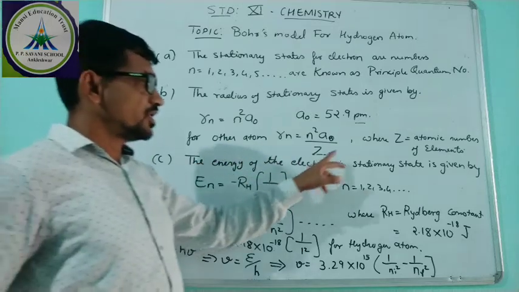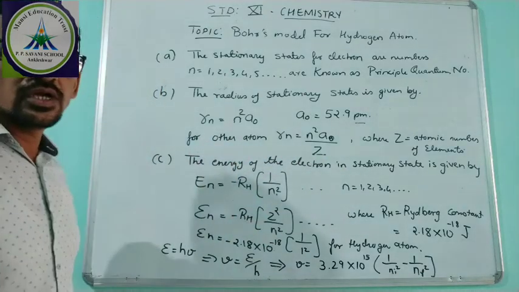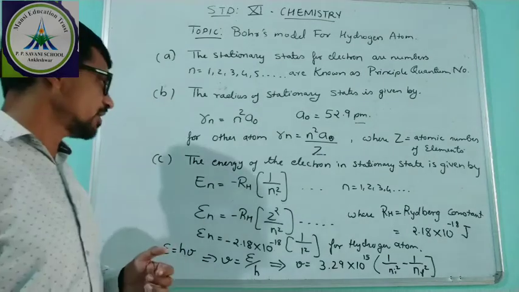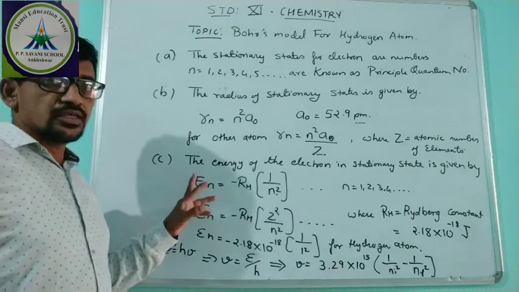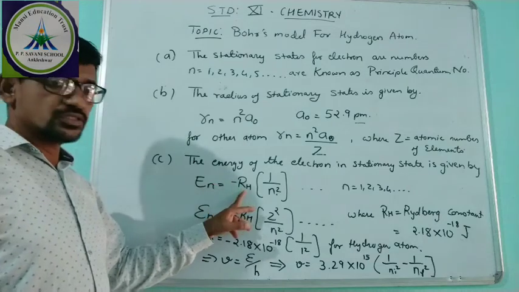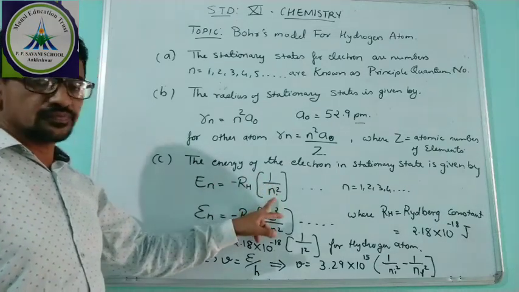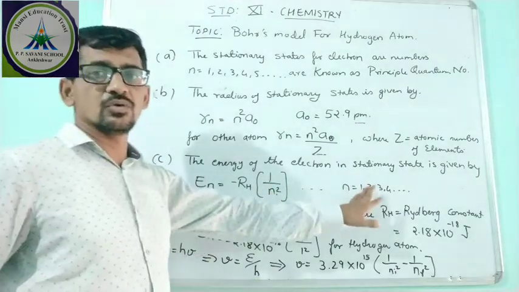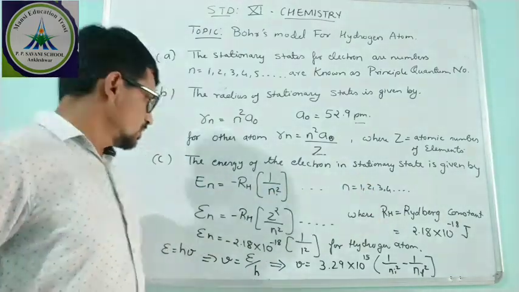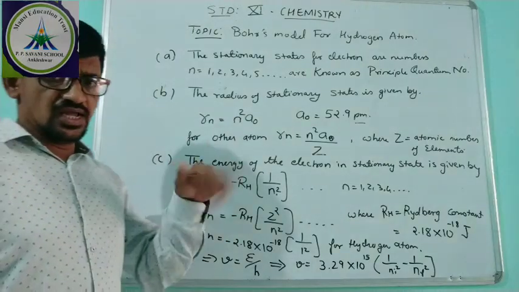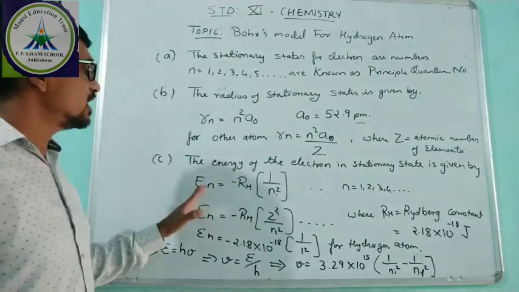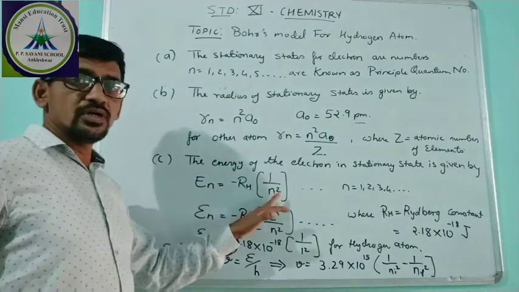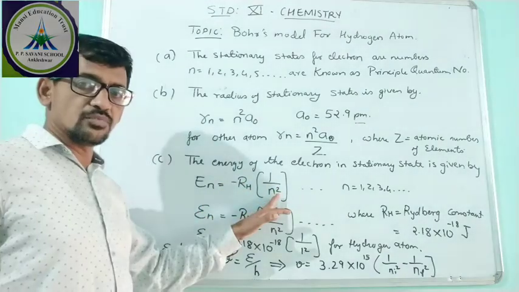Next, energy of the electron in a stationary state. When an electron is rotating in a stationary orbit, there is no absorption and no emission of energy. Then En is equal to RH into 1 upon n square, where n is the principal quantum number.